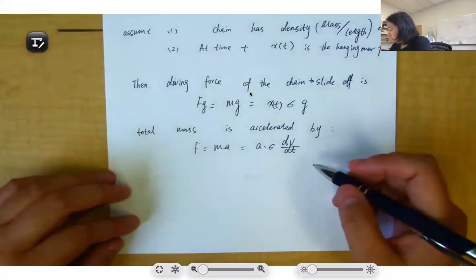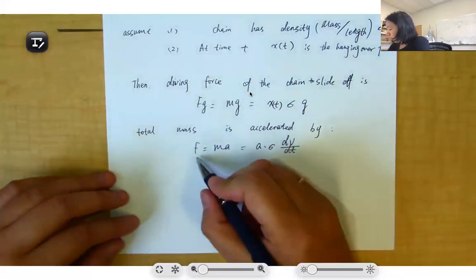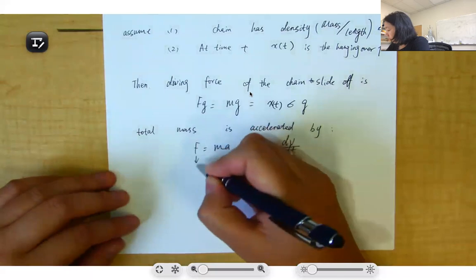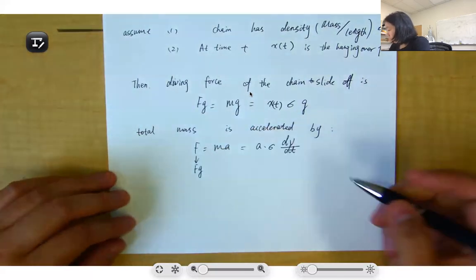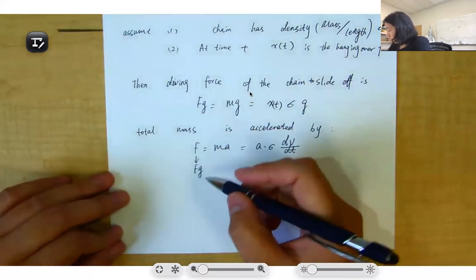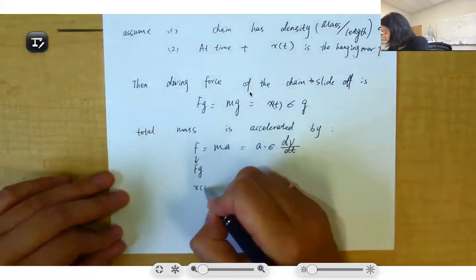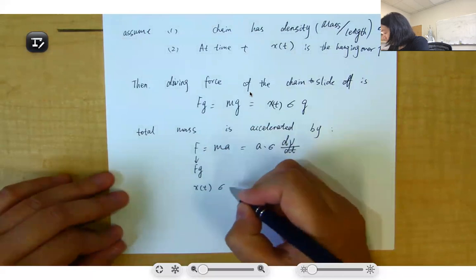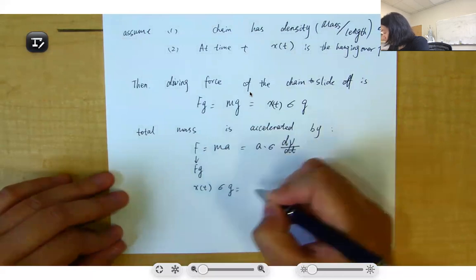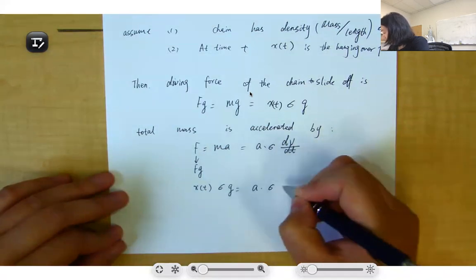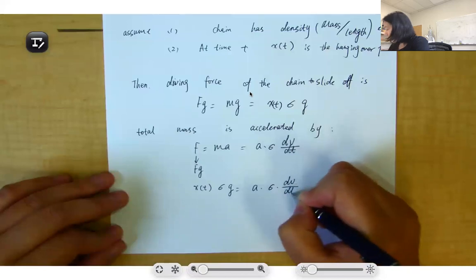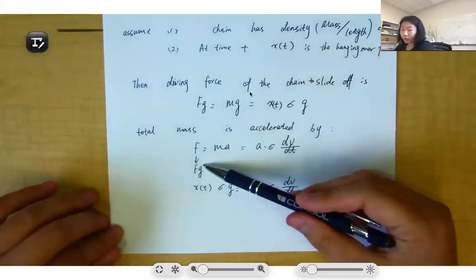We also know that this driving force is our Fg, so that x(t) times sigma times g will be equal to A times sigma times dv over dt, because the driving force is Fg.